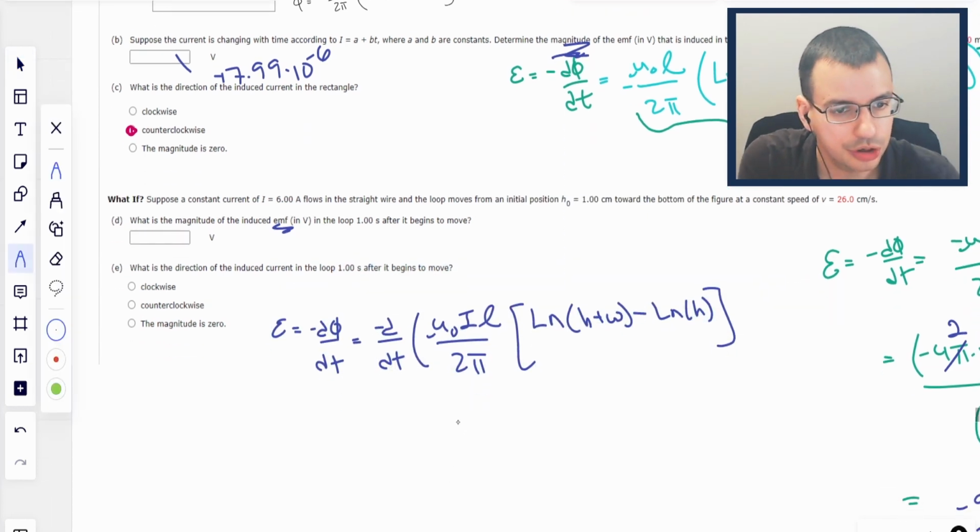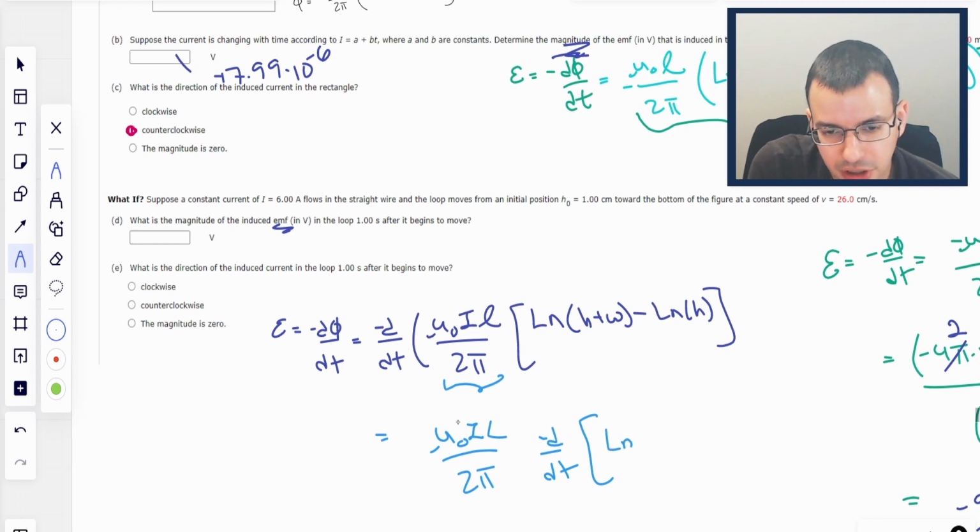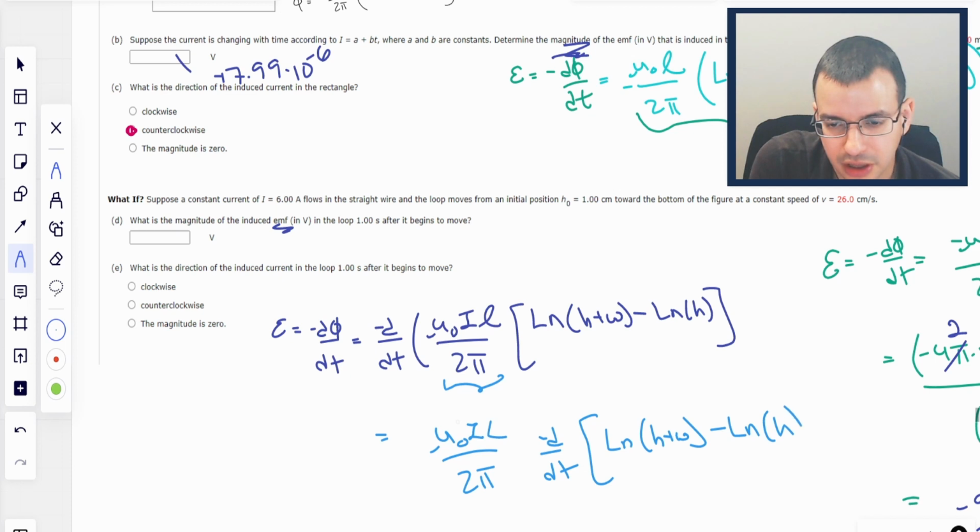And so all of these are going to be constant. This part right here is going to be constant. So we're going to have mu naught IL over 2 pi times the derivative of natural log of h plus w minus natural log of h.